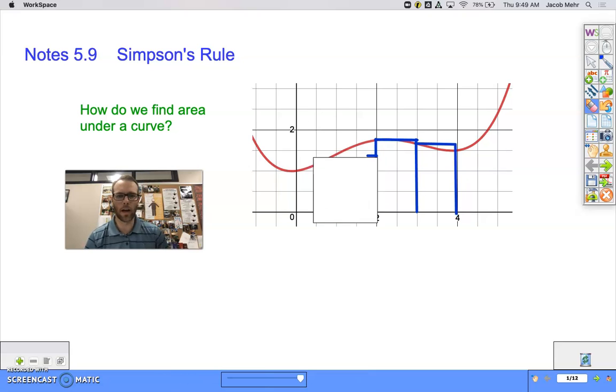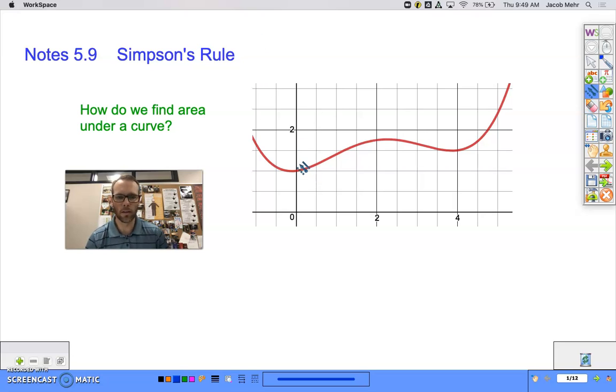We also then looked at, well, what about the midpoint? Could we use the midpoint of each interval to make our rectangles? Something kind of like this. And we found out that midpoint was really, really good, wasn't it?